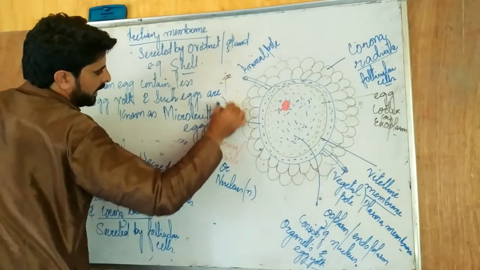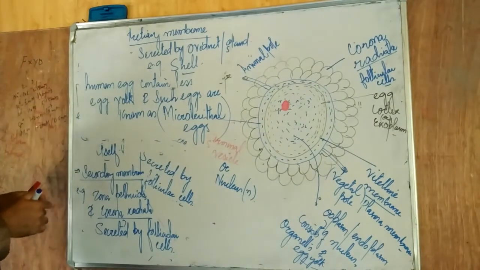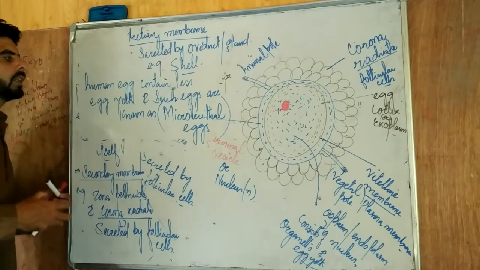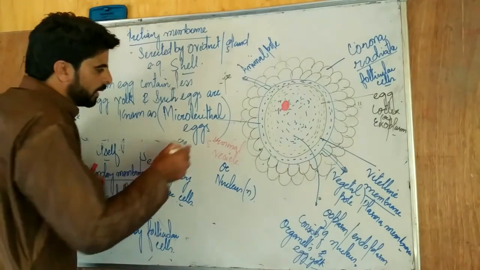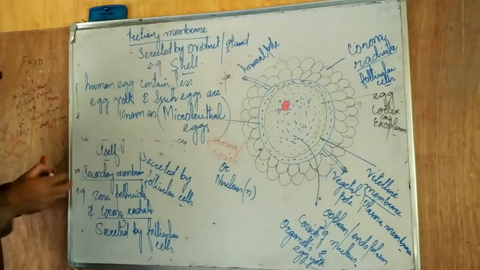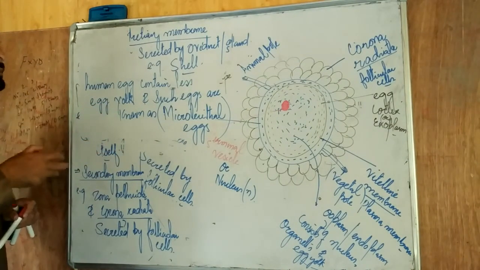You have to keep it in mind. If anybody asks which type of egg humans have on the basis of egg yolk, it's a very small quantity of egg yolk, and on the basis of that we call it a microlecithal egg. Now tomorrow we will discuss the various types of eggs.